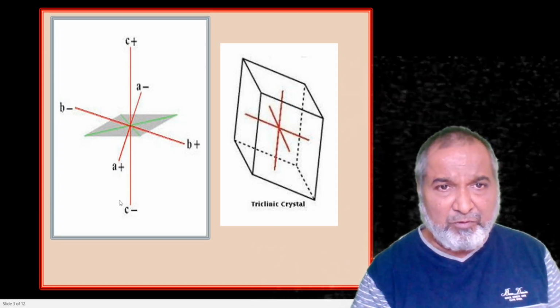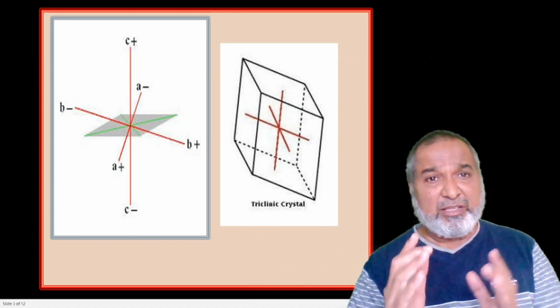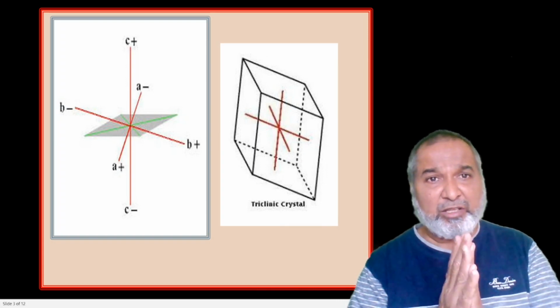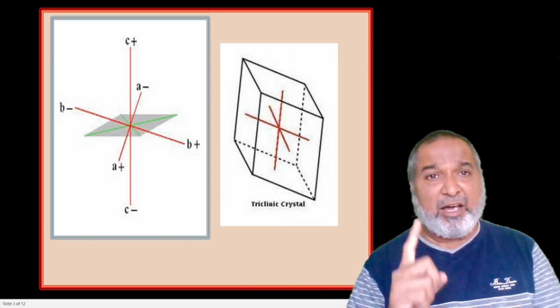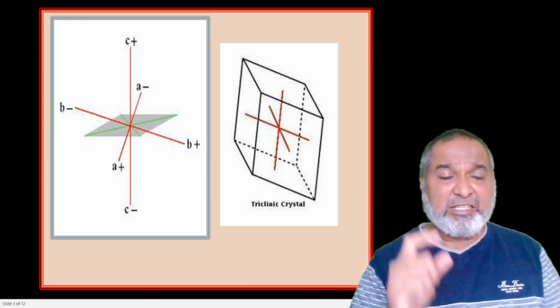This is the crystal model. You have to remember these relations. What is the relation of A, B, C in the triclinic system? All three are unequal and all three are inclined.